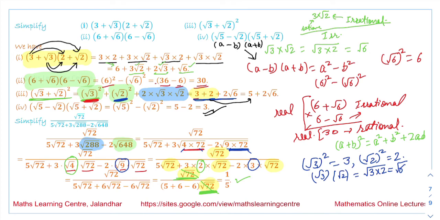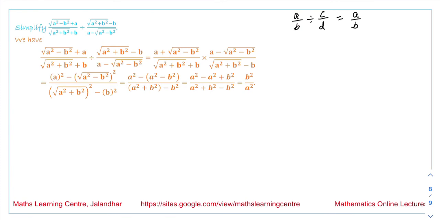Now in this next question, we have to simplify this value. First of all, we know that a by b divided by c by d means a by b multiplied by d by c.